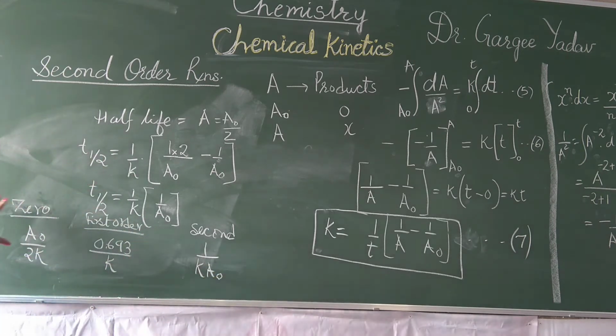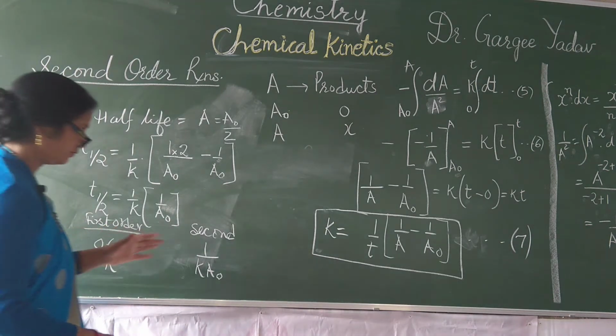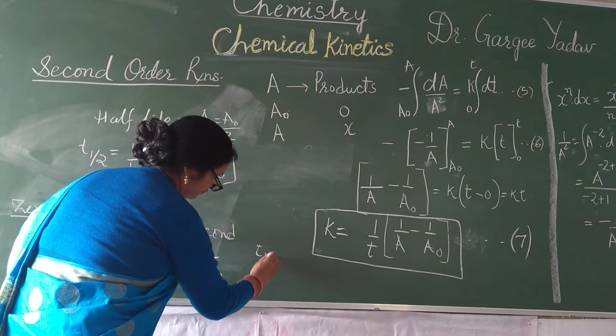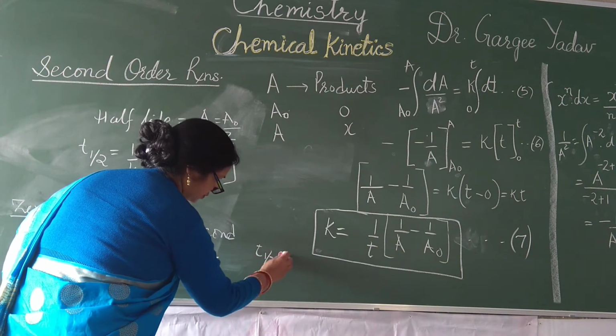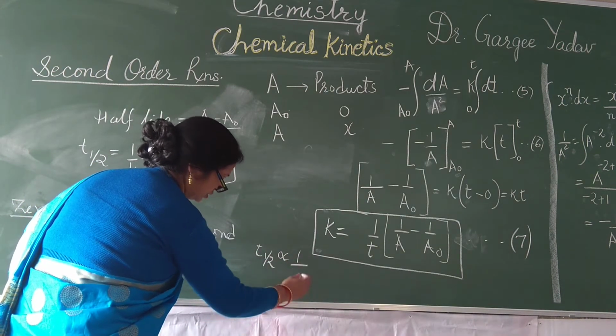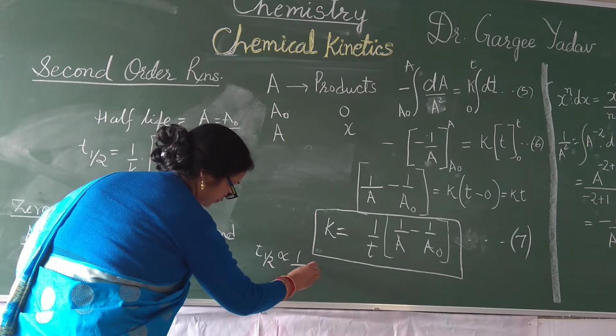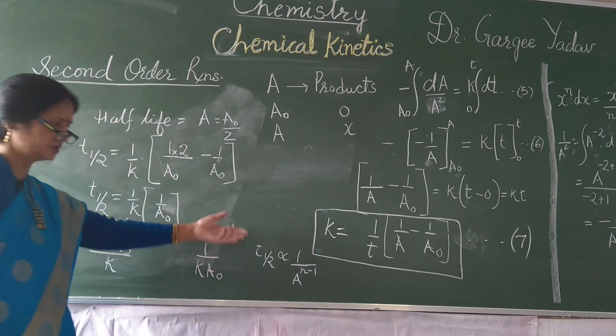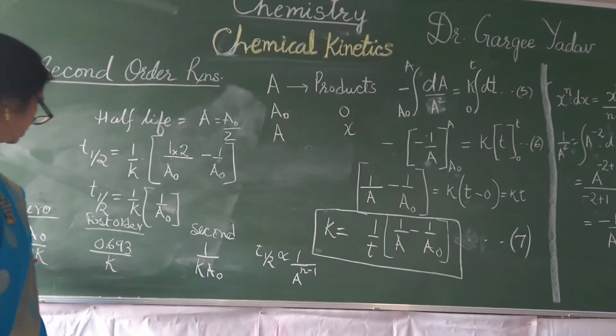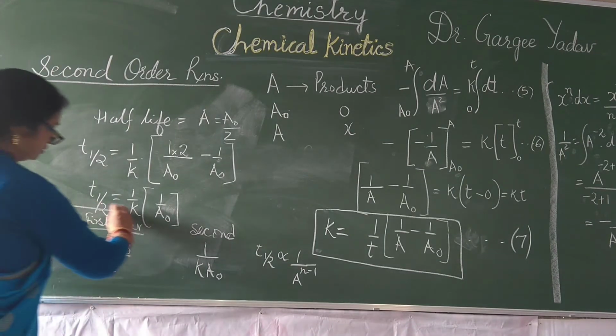So we can frame a very important generalization here regarding T half. T half is proportional to, in which fashion? A naught raised to the power 1 minus n, if n is the order of reaction.